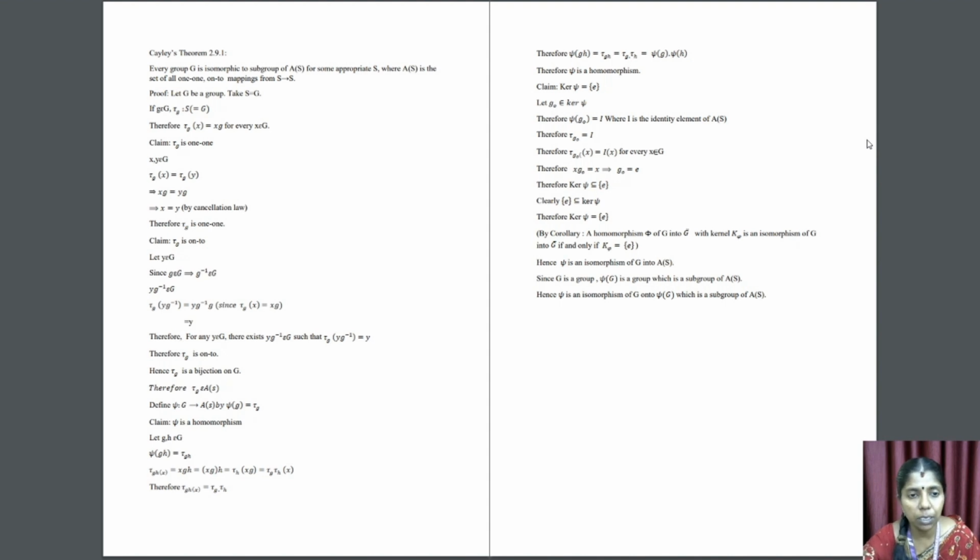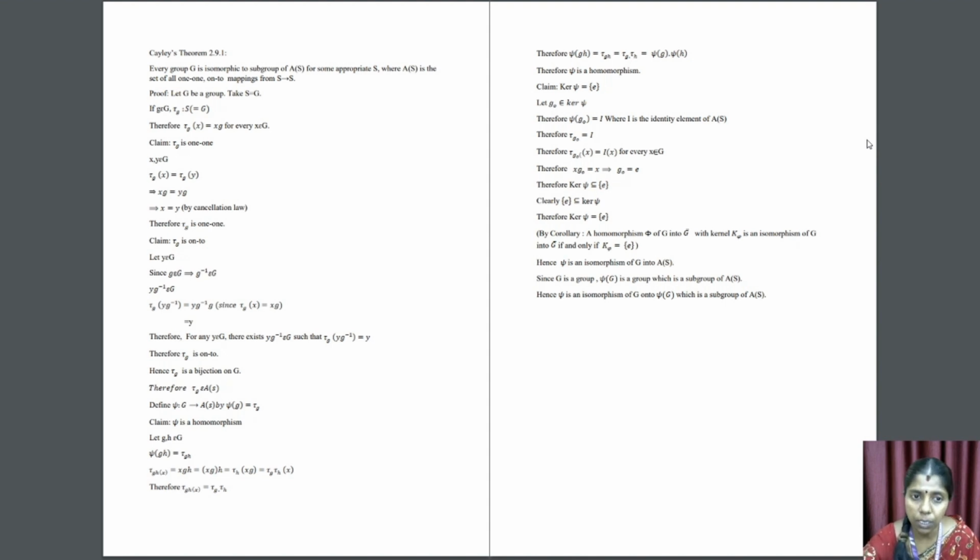Next claim is tau_g is onto. Take one element y from G. Since g belongs to G, this implies g inverse belongs to G. We know yg inverse belongs to G. tau_g of yg inverse equals y g inverse g, since we already defined the function tau_g(x) equals xg.